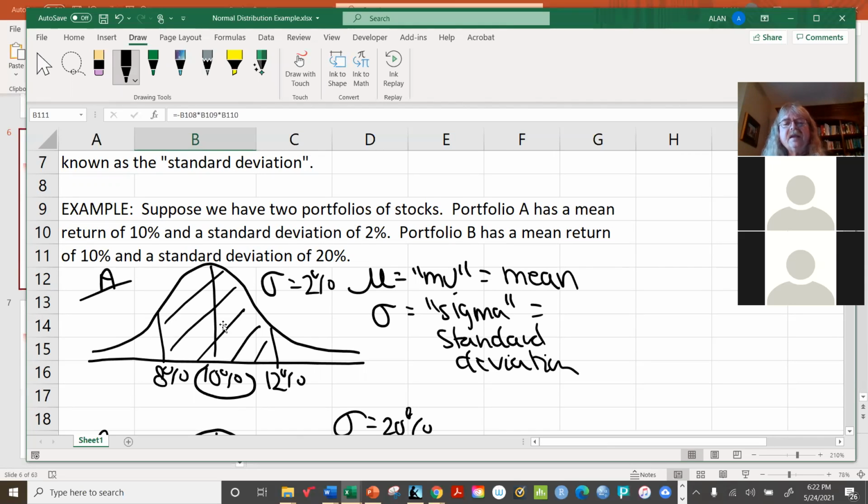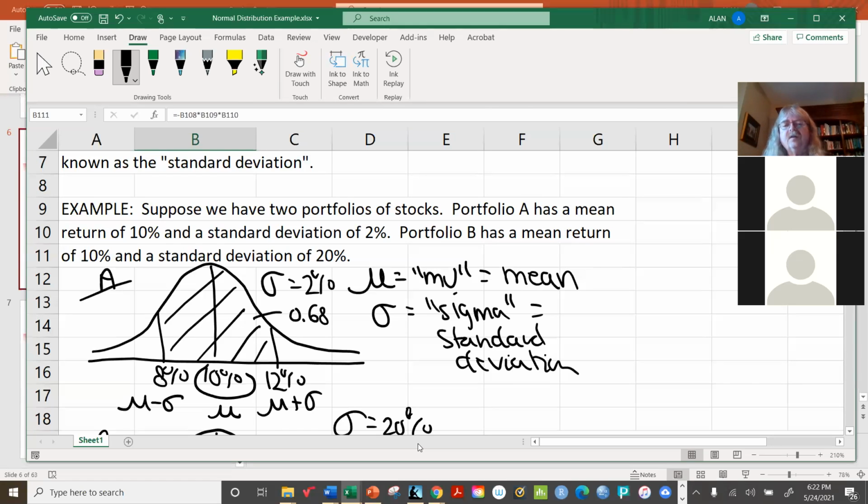And so based on the shape, you can see that a large percentage of the returns are somewhere between 8 and 12%, which can be interpreted to mean somewhere between one standard deviation above and below the mean. In fact, statistically, this represents about 2/3 of the normal distribution, let's say 68%.